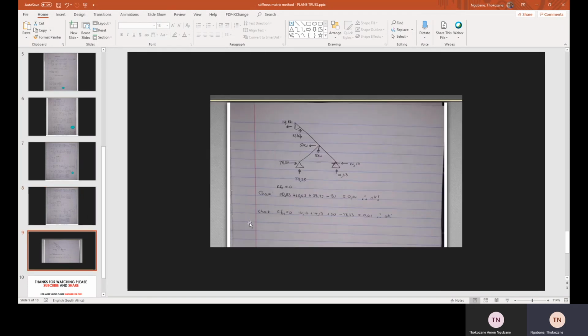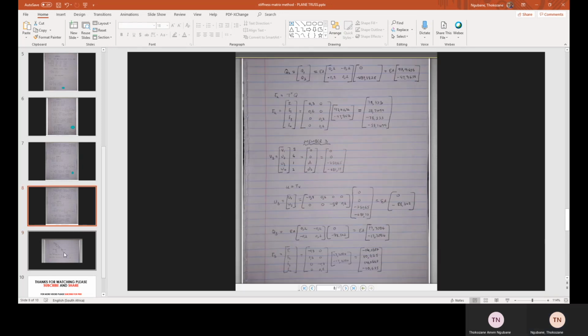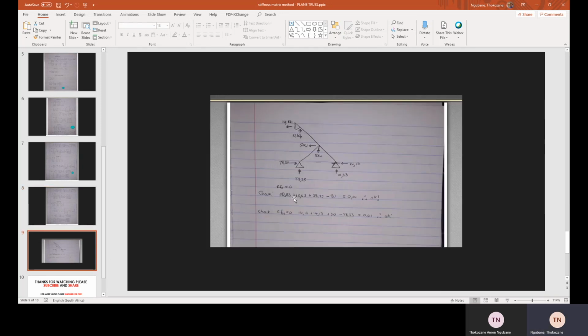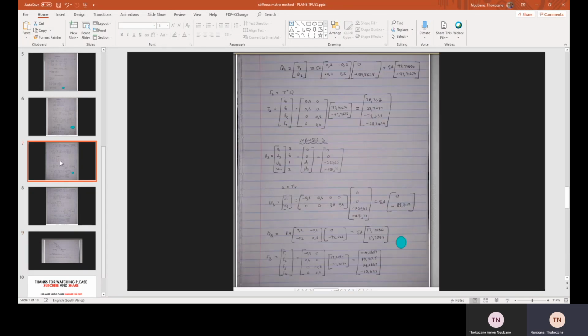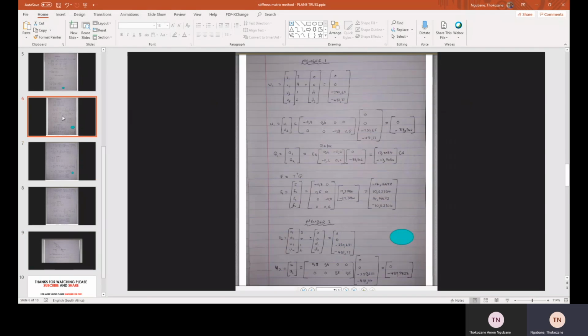Okay, we are done calculating our forces. Now we can substitute on our forces that we have calculated. Okay, let's see, what did we get for member 1? Okay, for member 1 we have minus 14.